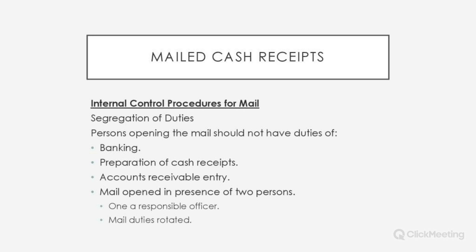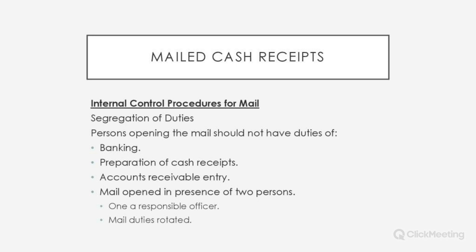The person opening the mail should not have duties of banking, because that's where people can get greedy and they may not disclose how much cash was received in the mail, hence they could avoid banking it.